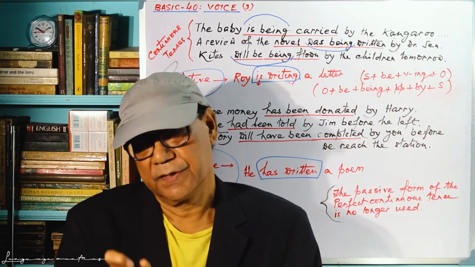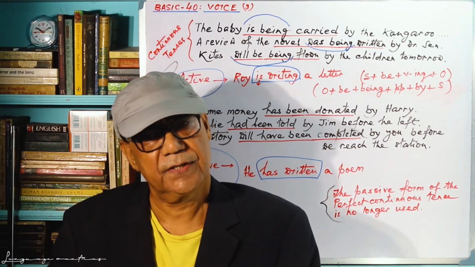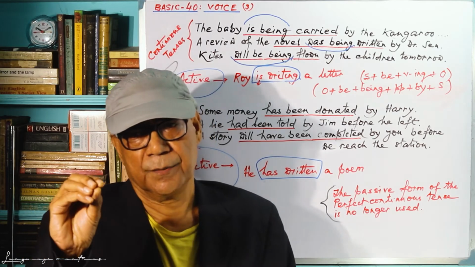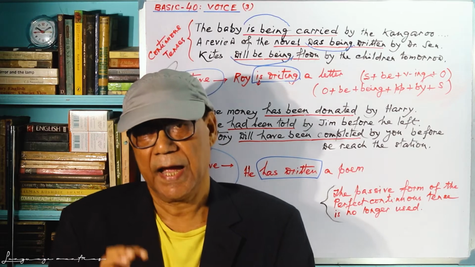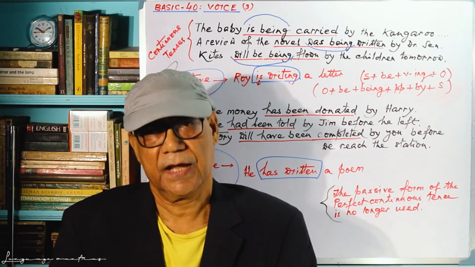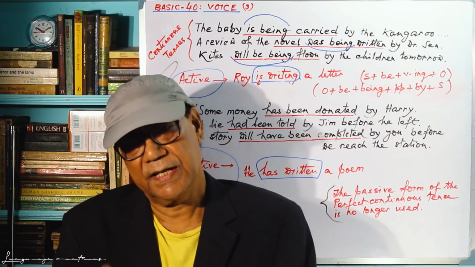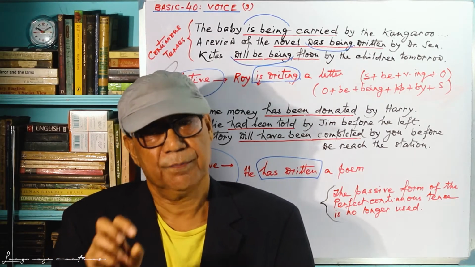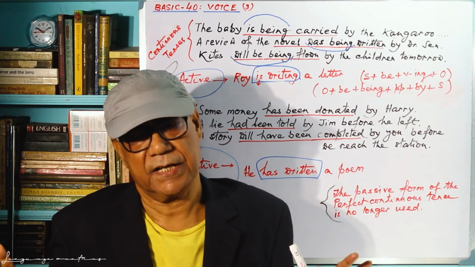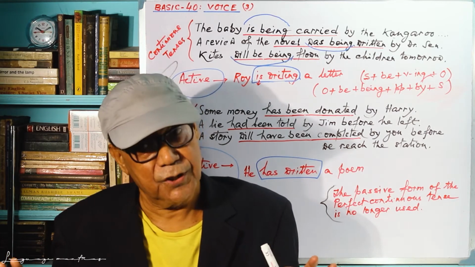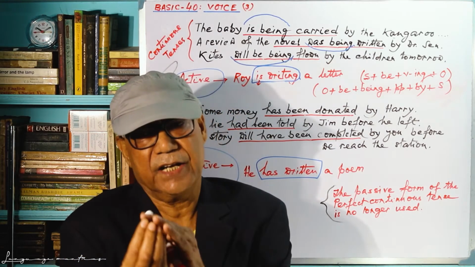Today we have the continuous tense in its three formats, that is present continuous tense, past continuous tense and future continuous tense, and also perfect tense in its three formats, that is present perfect tense, past perfect tense and future perfect tense. But today we will be trying to see slightly differently.